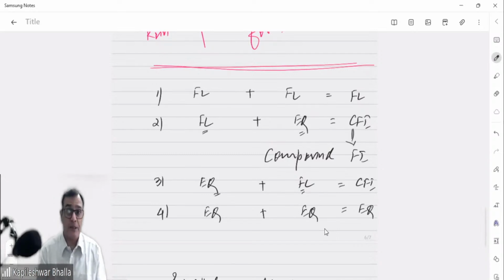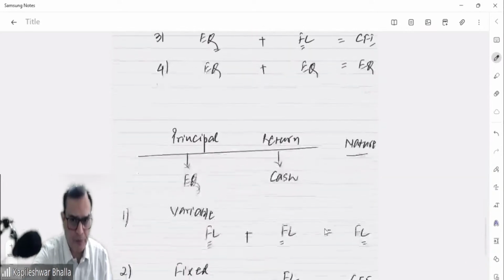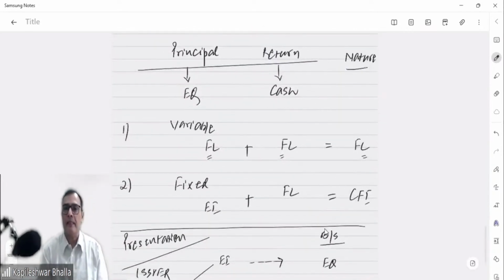But if both components are equity, it becomes an equity instrument, and I gave you two permutation combinations. I said if there is a variable number of equity shares for the principal with cash as the return, it's a financial liability. If it is a fixed number of equity instruments followed by cash as the return, it becomes a compound financial instrument.